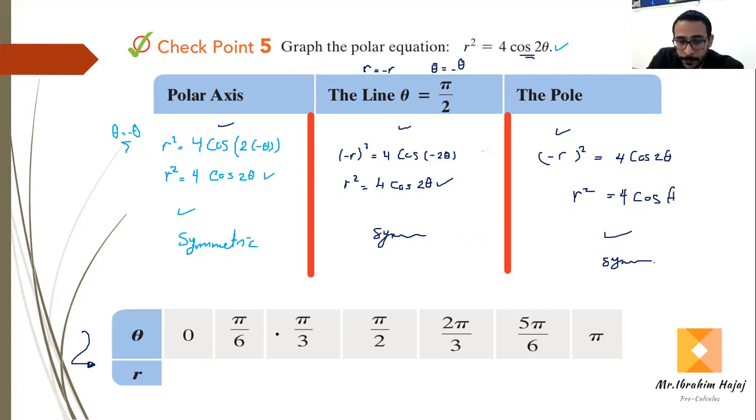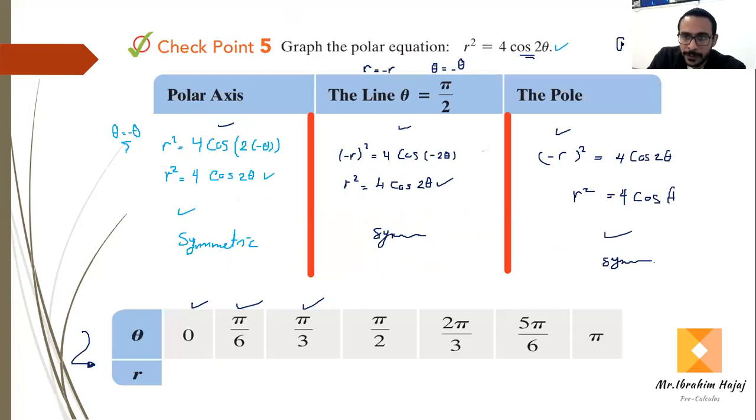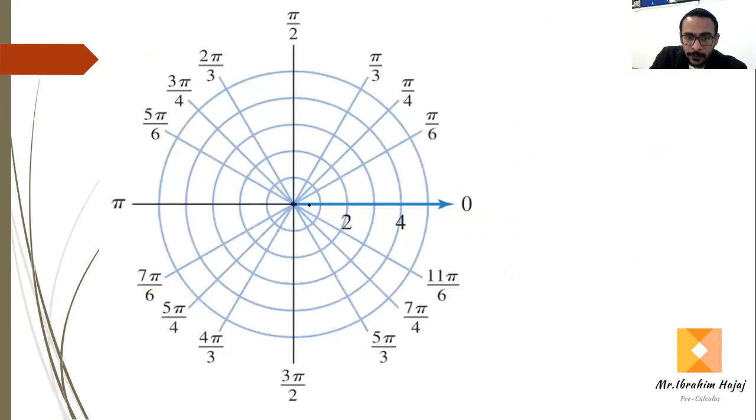You can, guys, use your calculator and pick some points like 0, pi over 6, pi over 3, pi over 2. I'm going to take only 0, pi over 6, pi over 3, and it's important to take pi over 4. The value of a in this equation is 4. For cosine, we move like this: 1, 2, 3, 4, and put points, and in the other direction, negative 4.